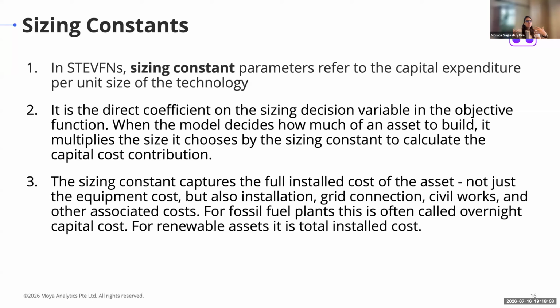A lot of the time technology assets have many different costs: labor costs, equipment costs, grid connections, civil works. It might also have a portion of insurance that comes up upfront. All of that total installed cost should be captured in the sizing constant.